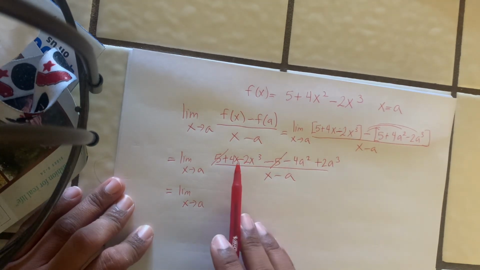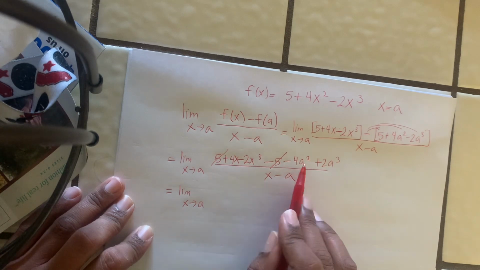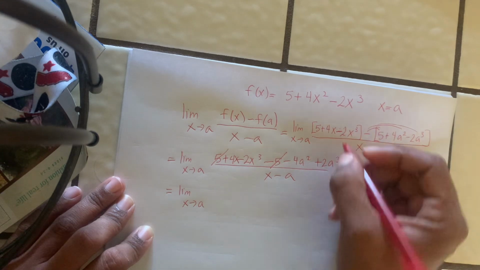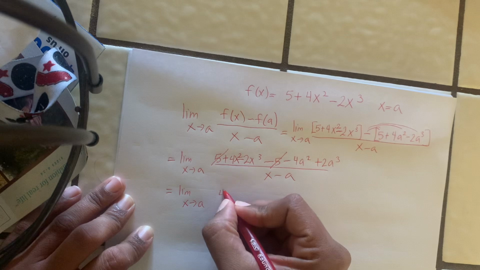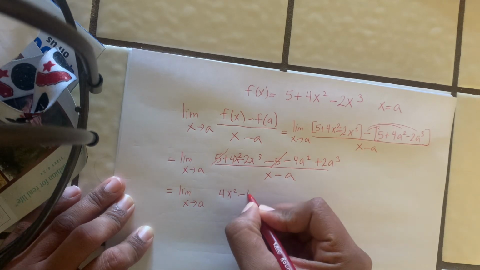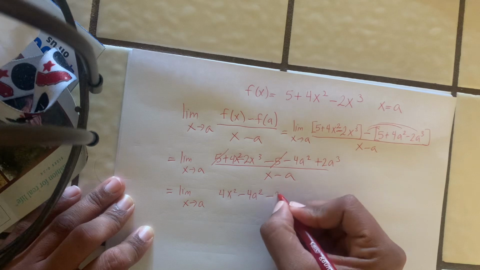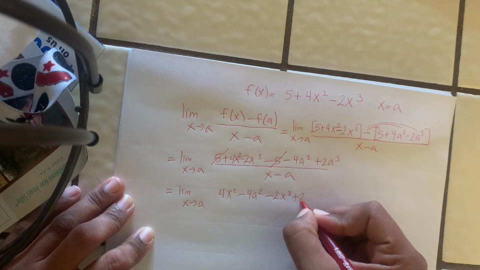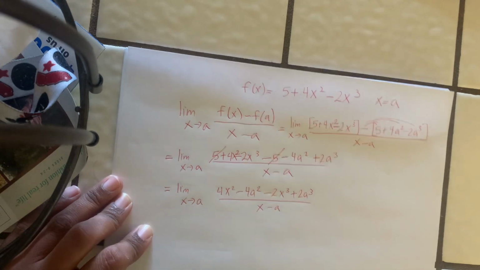And then I'm going to do a factoring by grouping process. I'm going to group the terms that both have 4. And I feel like I am missing something. I am. Let me get my x squared there. So I have my 4x squared and my minus 4a squared. And then here I have my negative 2x cubed and my 2a cubed over x minus a.